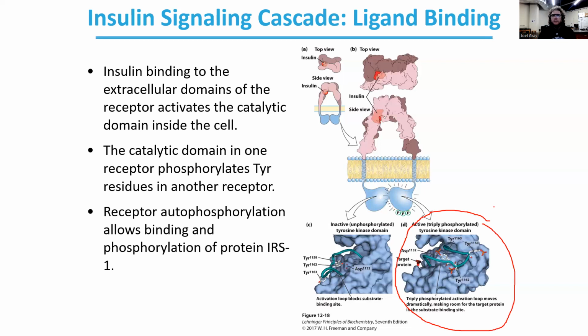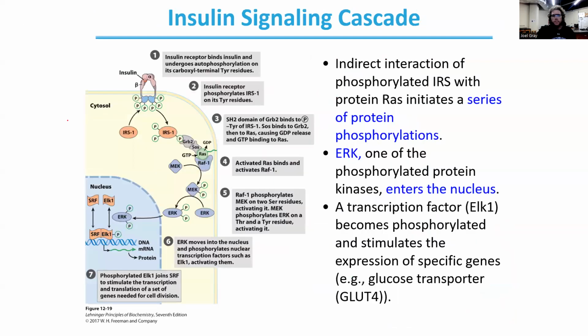the fully activated and triply phosphorylated protein is going to be able to help move the vesicles to the plasma membrane. So this IRS1, and if you follow this model, the insulin receptor binds insulin and undergoes autophosphorylation on its C-terminal tyrosine residues.